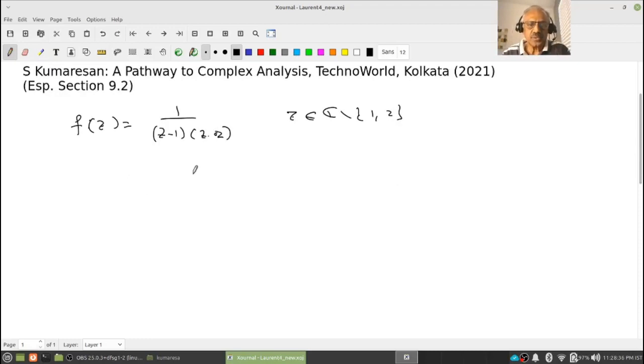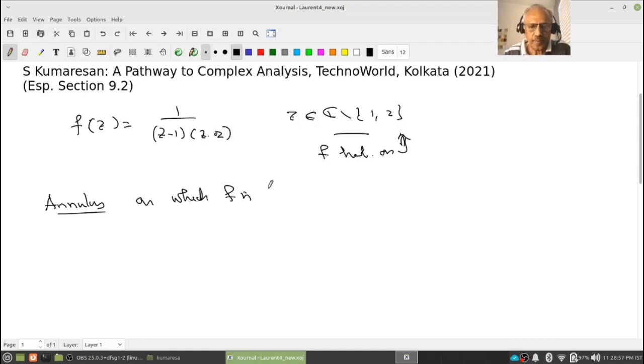Now as you know, f is holomorphic on this domain. When I want a Laurent series, notice that first I have to fix an annulus. So we want to find an annulus on which f is holomorphic and find the Laurent series there.